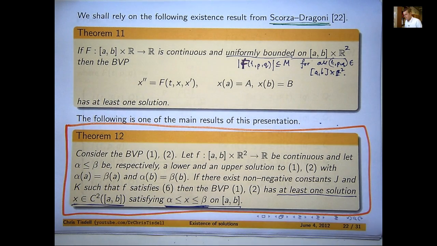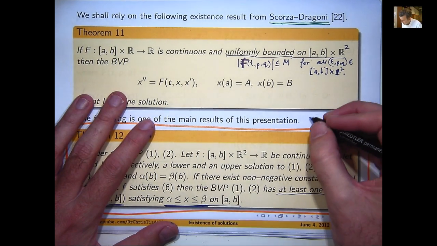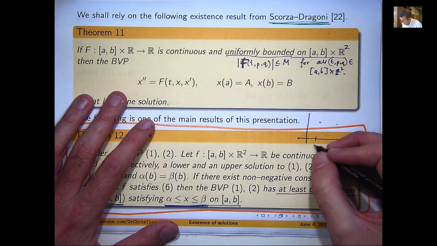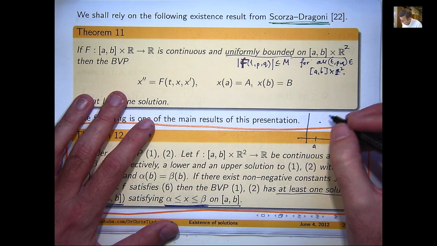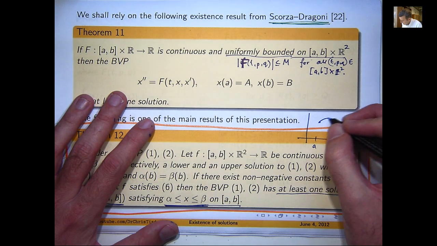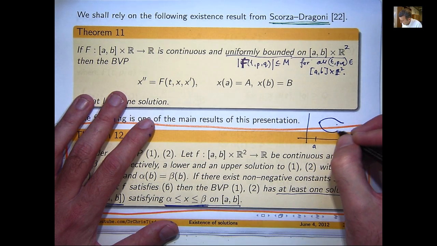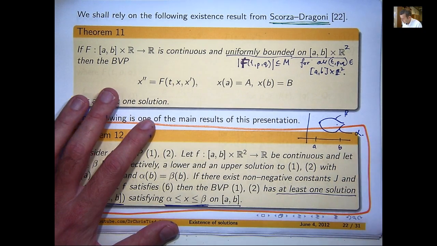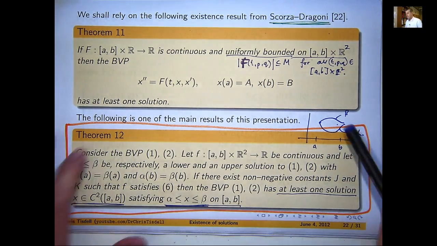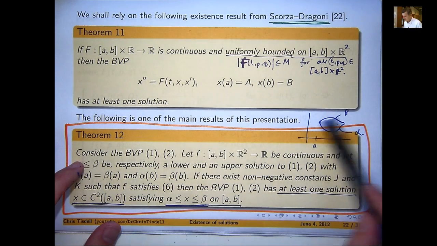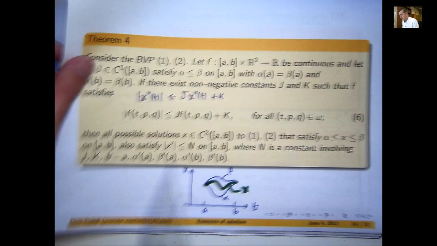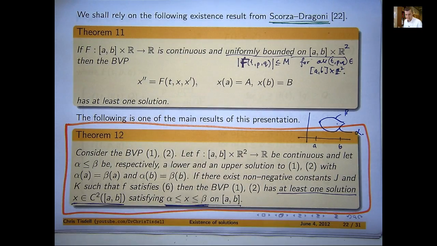Okay, so let me just put this into a little bit more context for you. We're assuming that alpha and beta are C2 functions. Let's say this is your beta, this is your alpha, that are well ordered, C2, touching at the ends of the interval, and that F satisfies inequality 6 on this set.